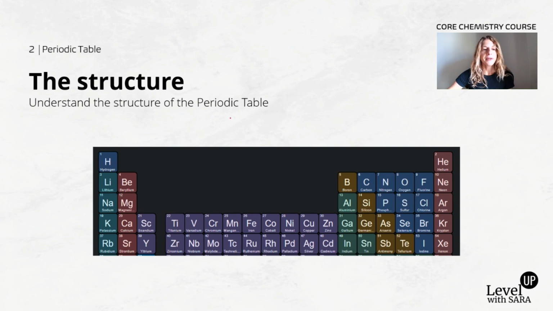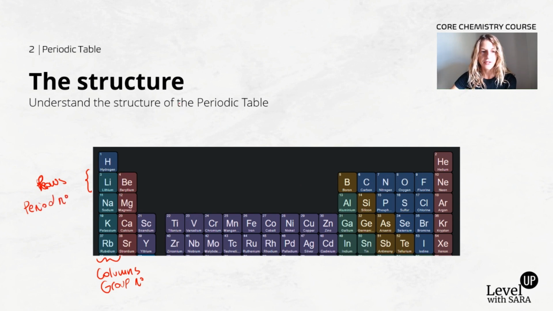So the periodic table is divided into vertical sections, those are columns, and horizontal sections, those are the rows. Each of these has different meanings. The columns are called the group number, while the rows are the period number.